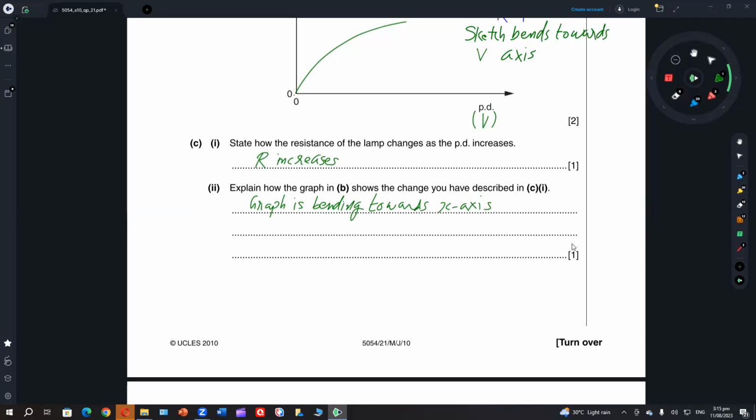Graph is bending towards x-axis. Gradient is decreasing.